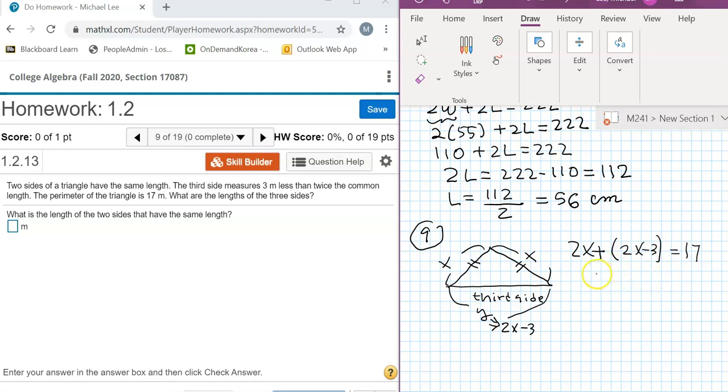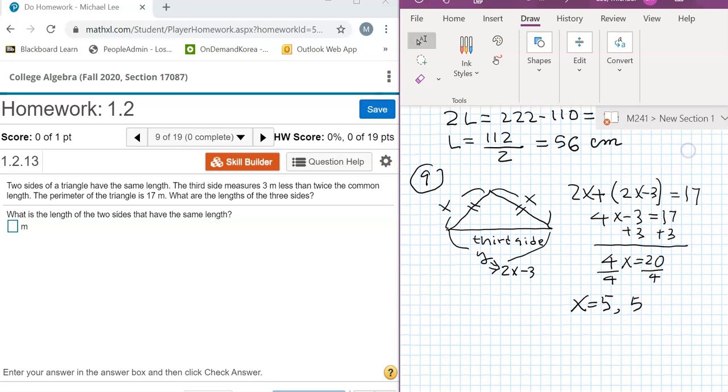So that means 4x minus 3 equals 17. You add 3 to both sides, you get 4x equals 20. You divide by 4, x equals 5.